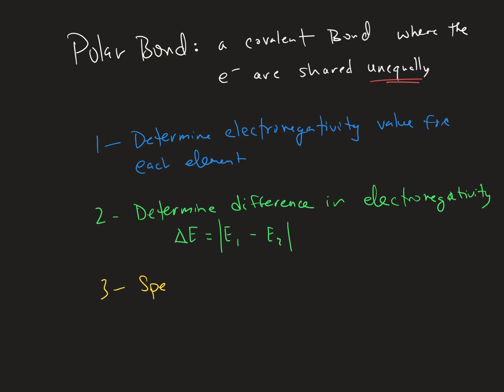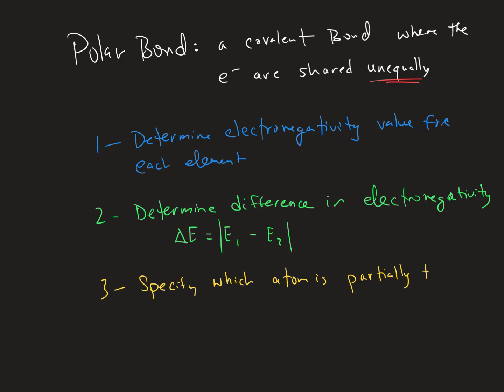They're the same, and it's a nonpolar bond. But if they are different enough of a difference, I'll give you a chart in just a minute. So specify which atom is partially positive.